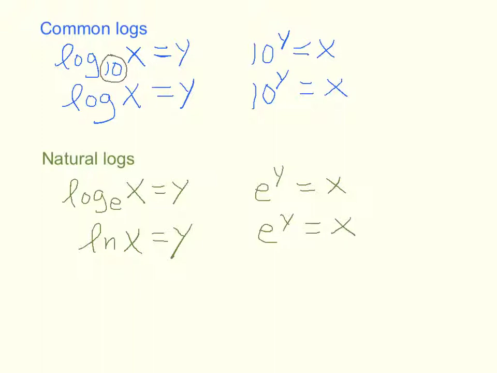So again, these two guys, this one right here and this one right here, are the same, as you can see when we interpret them in their exponential form. So get used to writing or seeing it written as log, common log, or ln, natural log, and find those buttons on your calculator, and you will be in good shape.